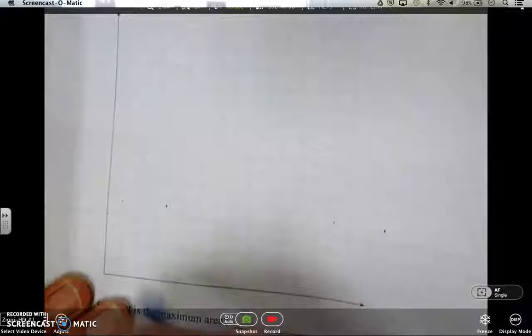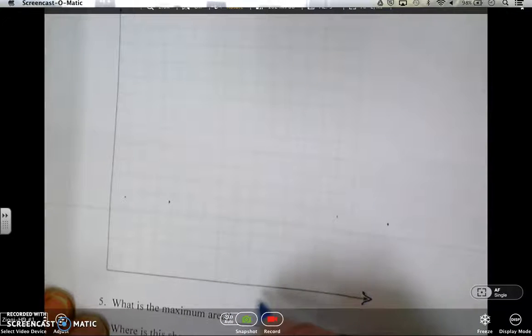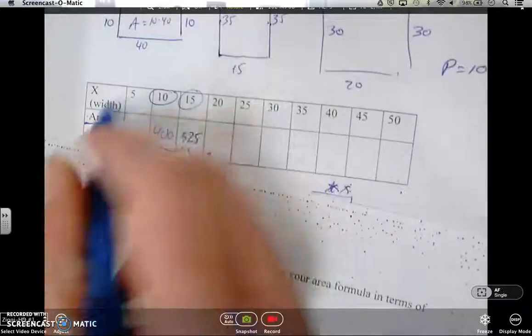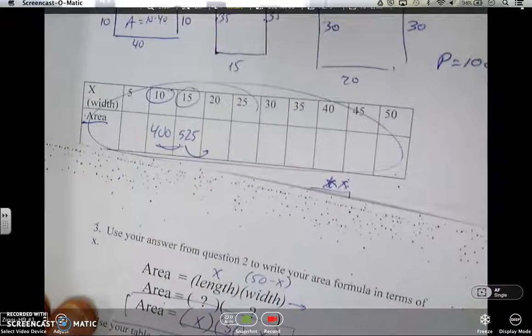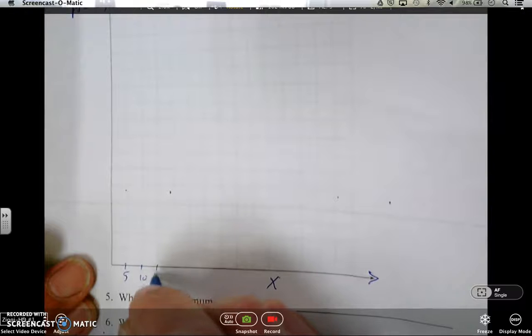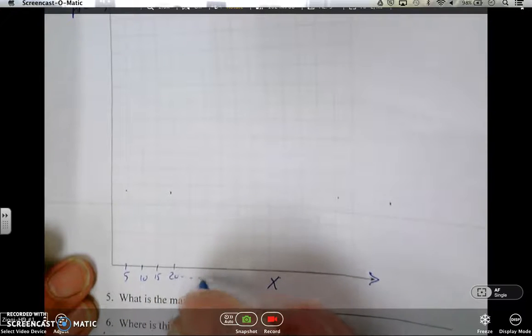As far as the graph goes, put the x on this one. Area will be on the y. So your table from the first part, all these points you're going to want to graph. Now, a couple things. You can count this one by fives, 5, 10, 15, 20, and so on.